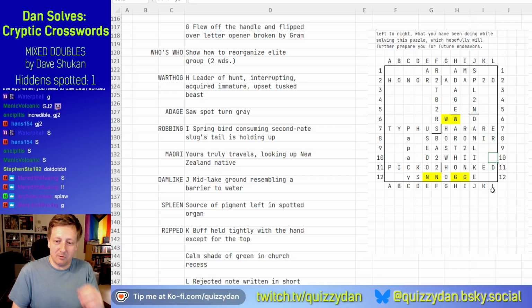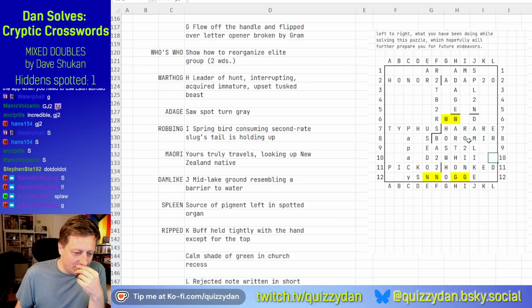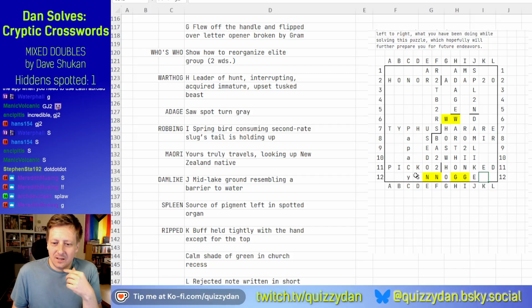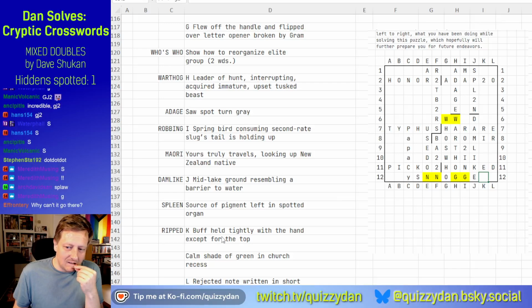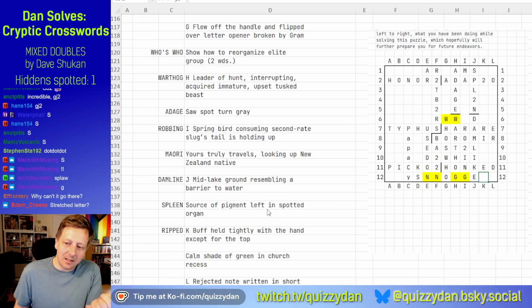I think I see Boromir, by the way, so let's put Boromir in the grid. It's ripped, right? And I think that's going to be snogged with an extended double D. Because we can't have double letters.